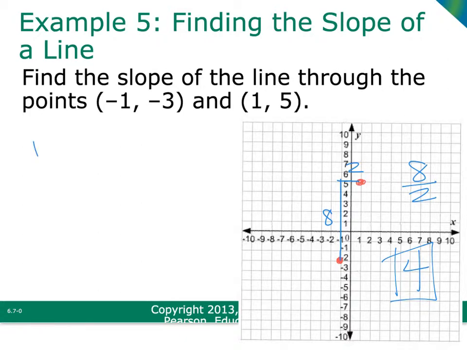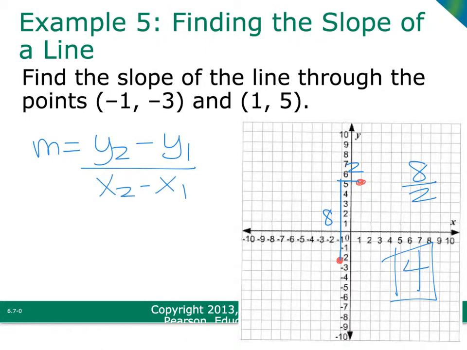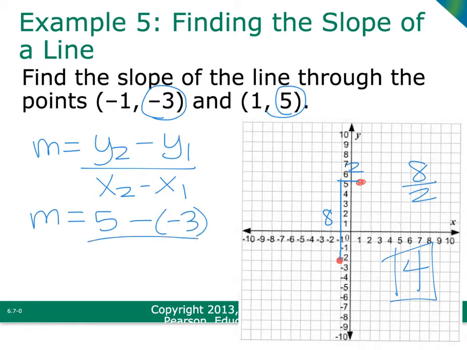Remember, the formula to calculate slope is y2 minus y1 over x2 minus x1. In this situation, my y2 would be 5, my y1 would be -3, my x2 would be 1, and my x1 would be -1.